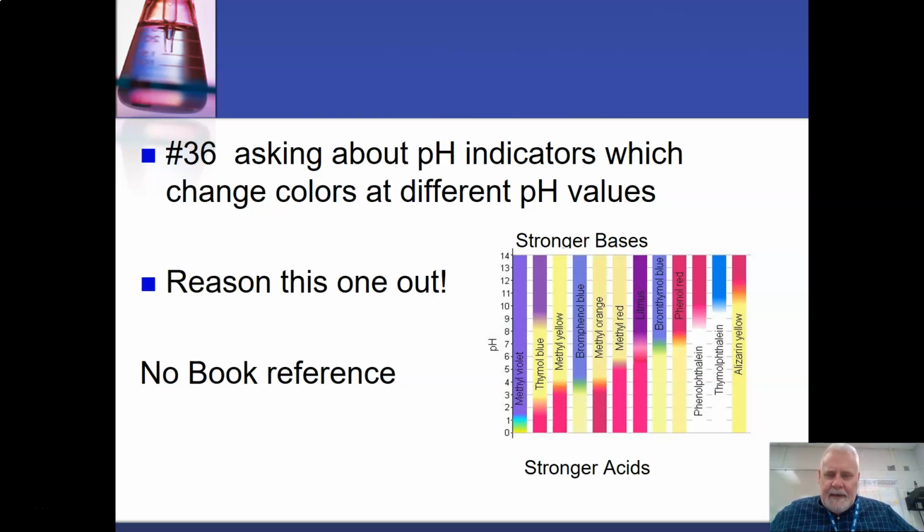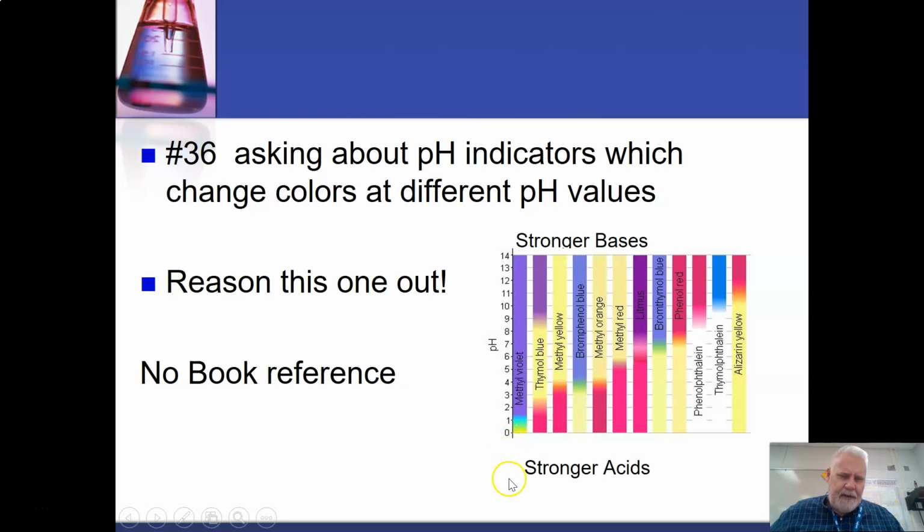Now, number 36 is asking a question about a pH indicator. There are just a few things you need to know about this. These are acids down here at a low pH. And it actually can go below this scale, a little trivia there for you.